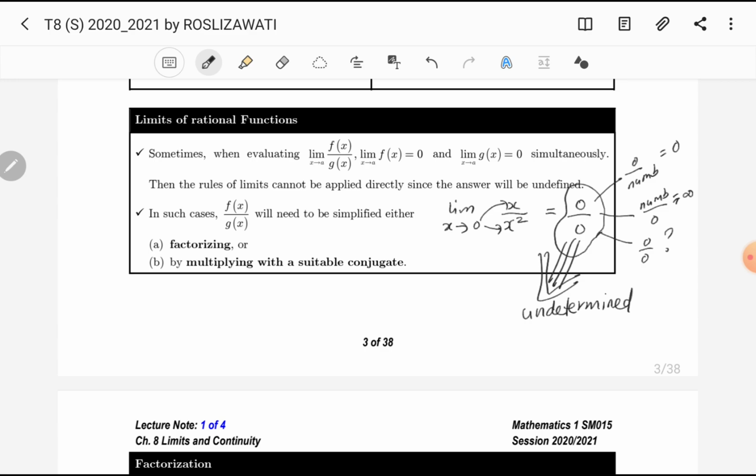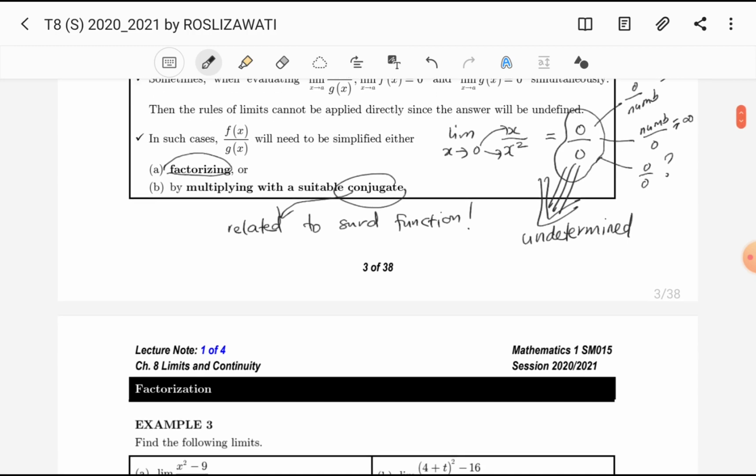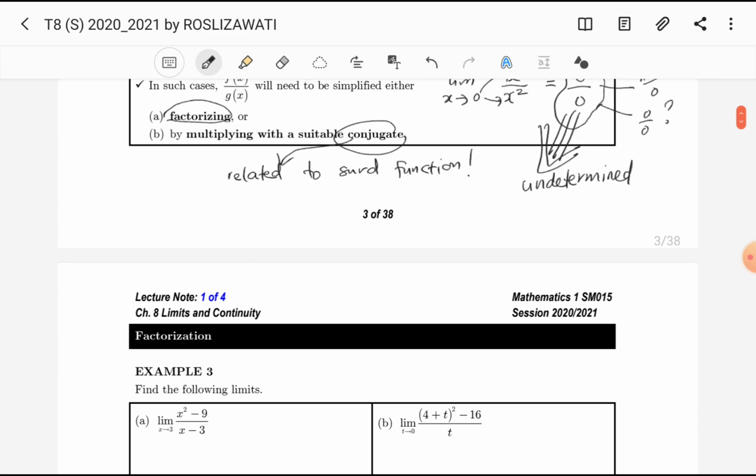For this case, we will factorize, or maybe we need to multiply by a conjugate. The conjugate is for functions related to a square root. So there are two ways. For a normal function, we factorize. For a function with a square root, we multiply by the conjugate, and it doesn't matter whether the root is on top or at the bottom. We multiply by the conjugate.